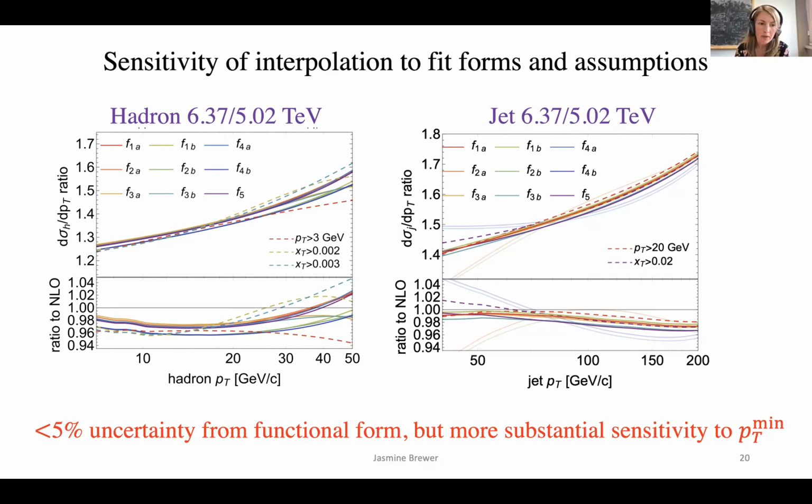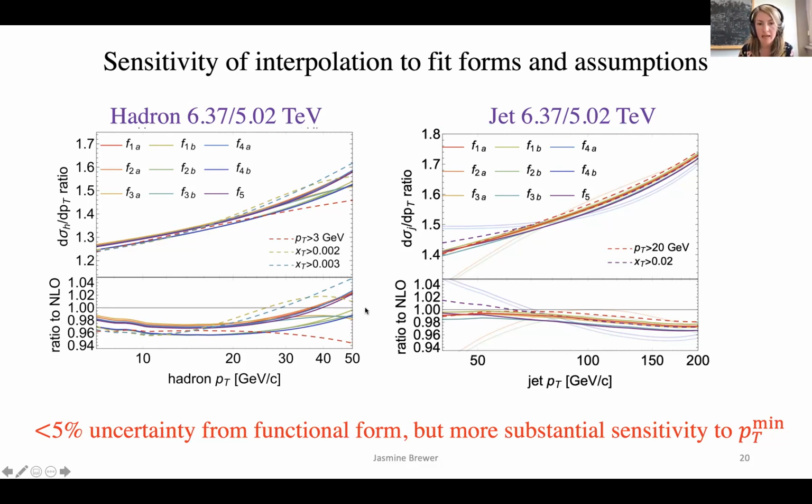And what you can see is that especially at low PT, the variation of the functional forms has maybe 4% uncertainties, but is also systematically below the next leading order results.